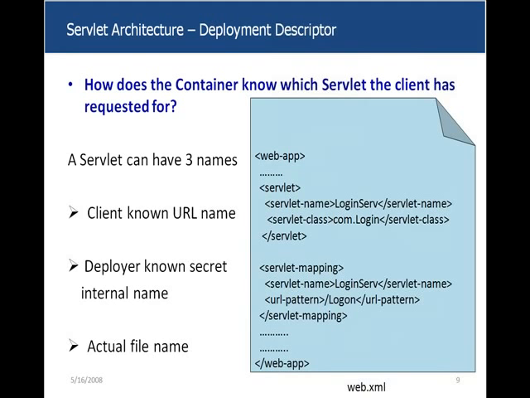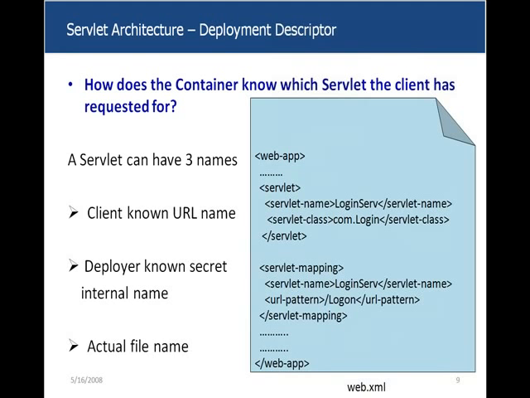The second reason is security. You don't want everyone in the world to know the actual path to your servlet. Once someone knows the path to your servlet, it's vulnerable, and there is a possibility that anyone could breach your security.